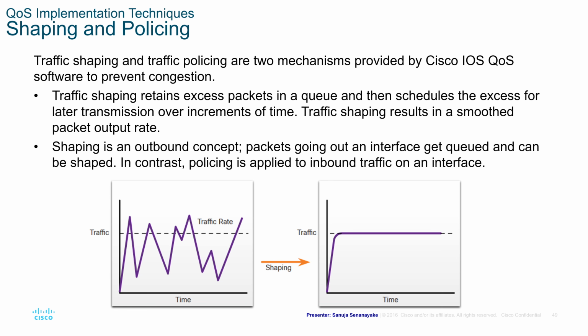Packets going out an interface therefore get queued and can be shaped. In contrast, policing is applied to inbound traffic on an interface. So keep that in mind. Traffic shaping and policing are both mechanisms that can be used for QoS to prevent congestion. However, traffic shaping is done on the outbound interface, while traffic policing is done on the inbound interface.